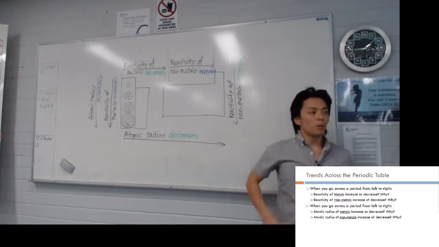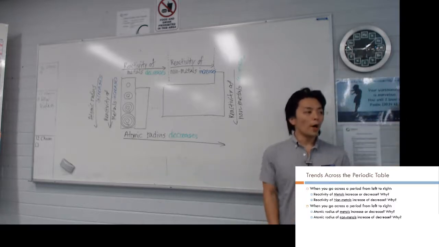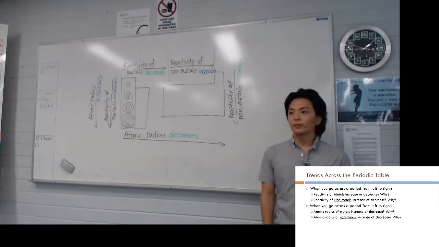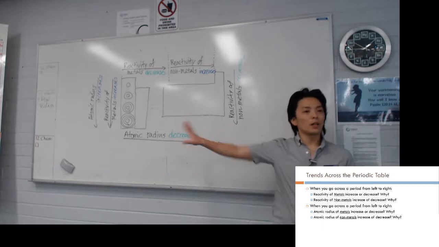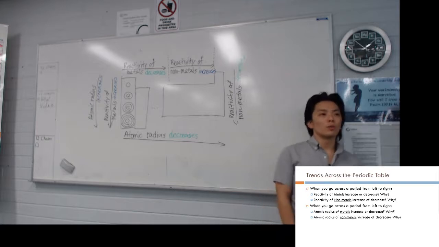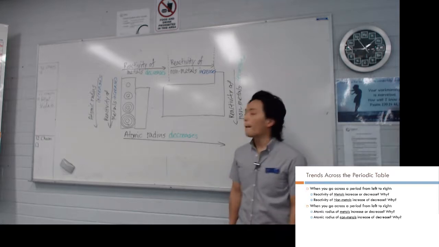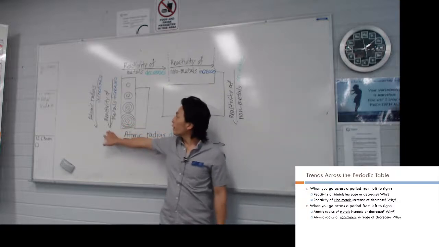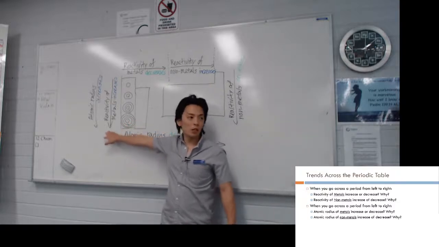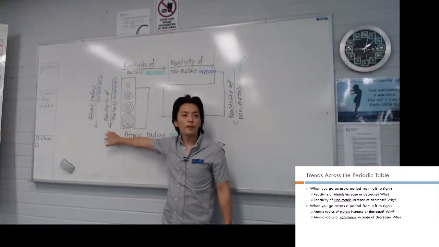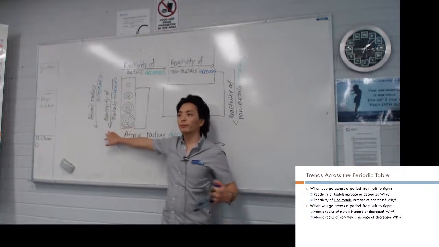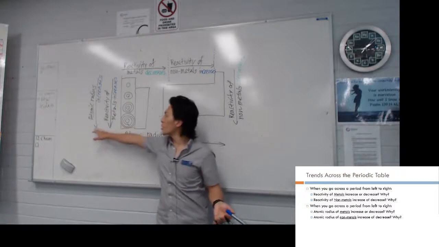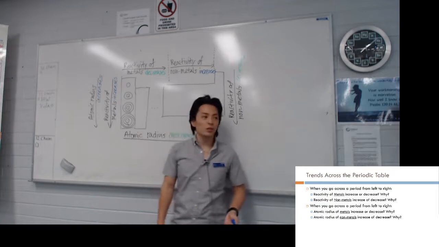Now let's think of why, once you've written that. Let's think about metals, because we should be able to visualize that better. We said reactivity of metals increases as you go down. Why was that? You can use words like atomic radius increases.